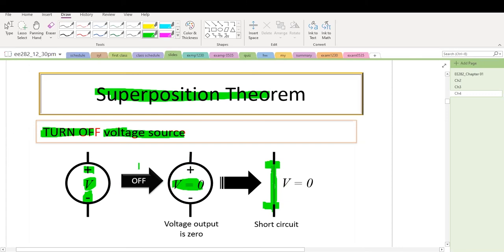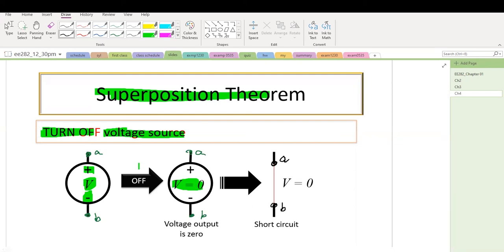How do we do that? It has to be a short circuit. If we have this point A and this point B, it has to be a short circuit here. So how do we short circuit? We use an ideal wire to connect point A and point B. This is how we remove or turn off the voltage source.